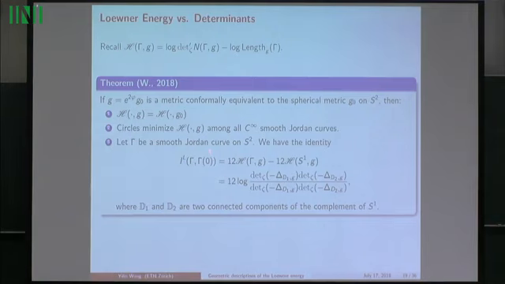The first thing is that this functional that we define on curves is actually conformally invariant. That is, if G equals this, the functional is the same if I replace G0 by G. The second thing is that circles minimize this functional among all the smooth Jordan curves.